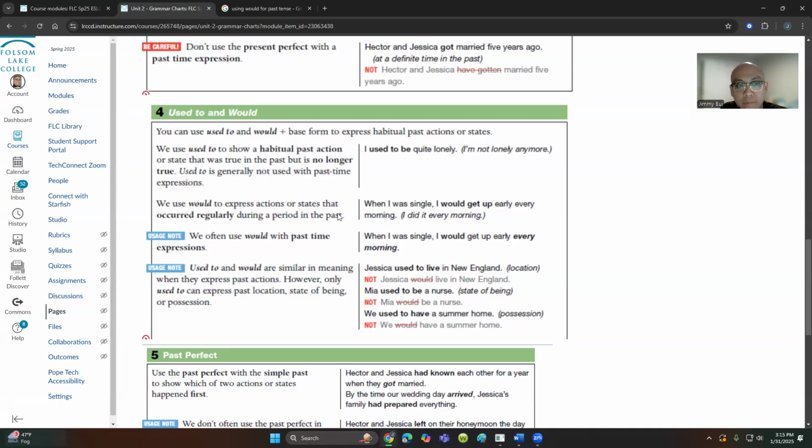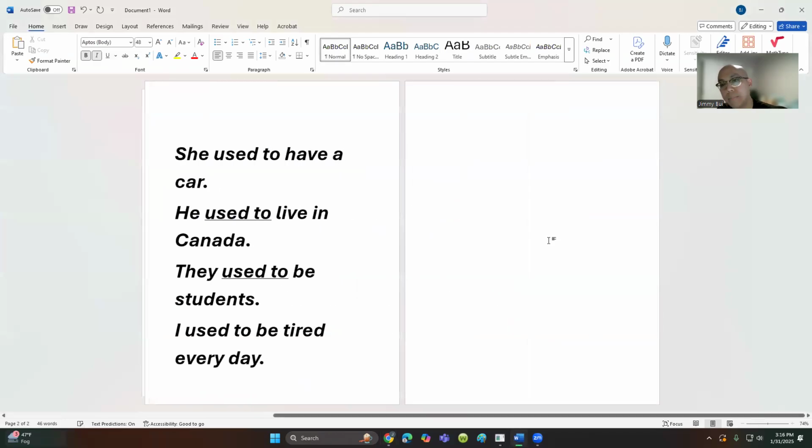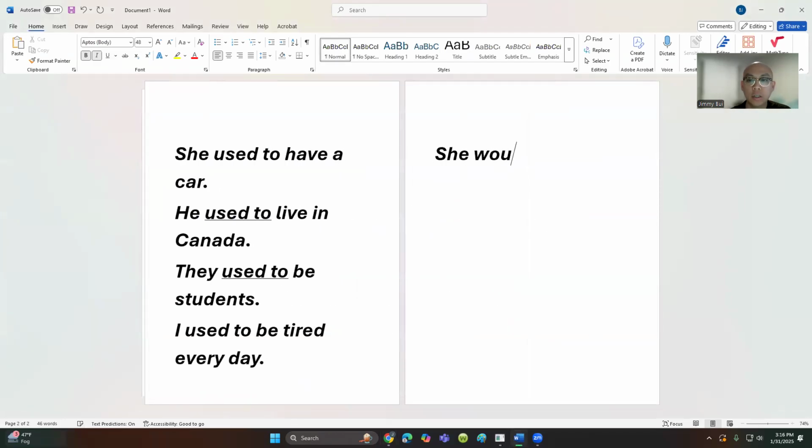And so this is a past tense action that would happen regularly. When using would, using it with past time expressions is important to clarify that it was the past tense. She would cook in the morning.